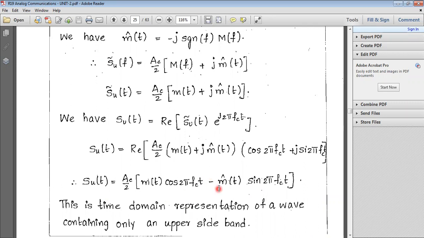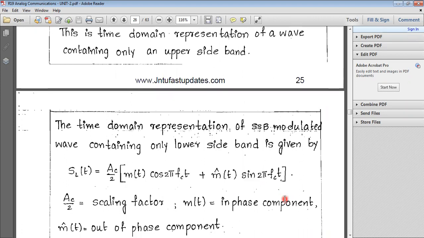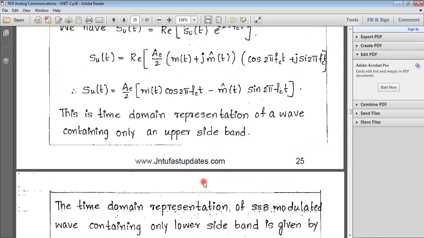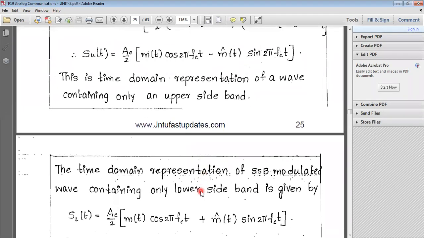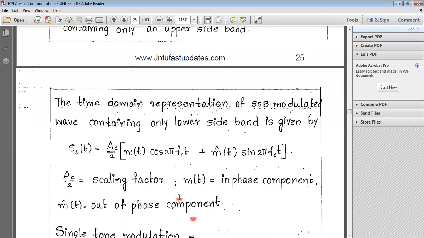Highlight this expression. Suppose we consider the lower side band, the equation becomes, just reverse the sign. Already you know the difference between upper side band and lower side band. Just reverse the sign. Same equation, if you take plus, then it is the representation of the SSB wave with lower side band.